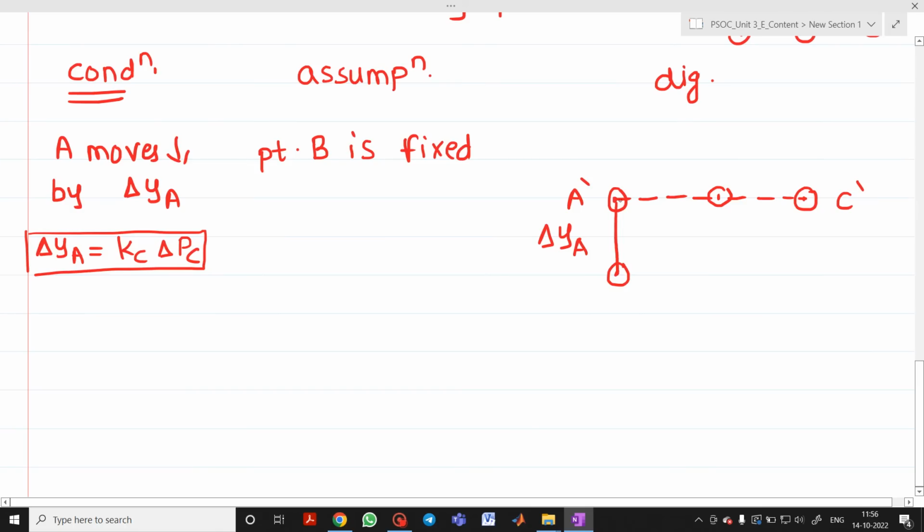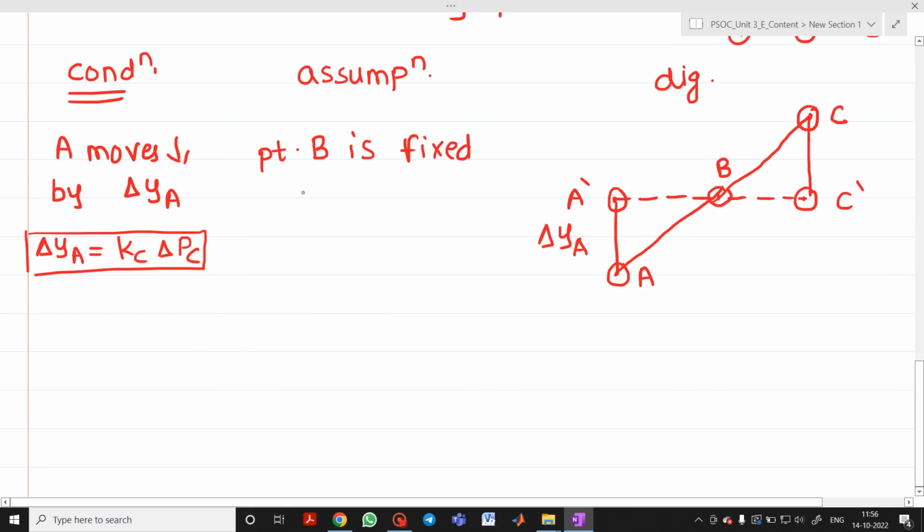As you know, if A moves in the downward direction and point B is fixed, it means it is pivoted at point B. So what will the diagram be? The diagram will be like this. So this is your point A from the linkage mechanism, point B and point C. How have we drawn this diagram?